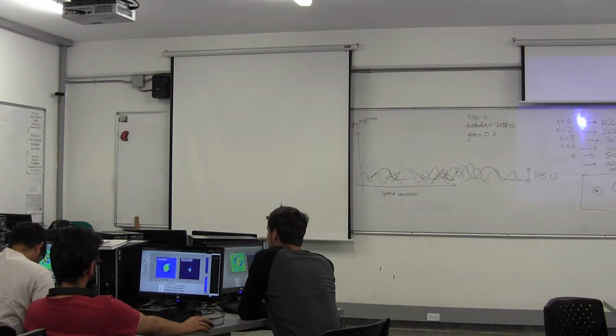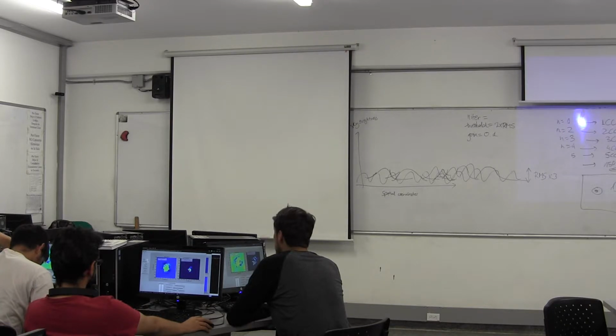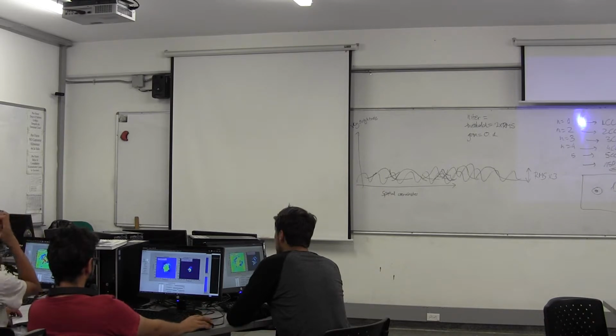So you would like to start fitting the negatives. What is the value there? What are they, if you point at them? It's negative? I don't know, let's see.